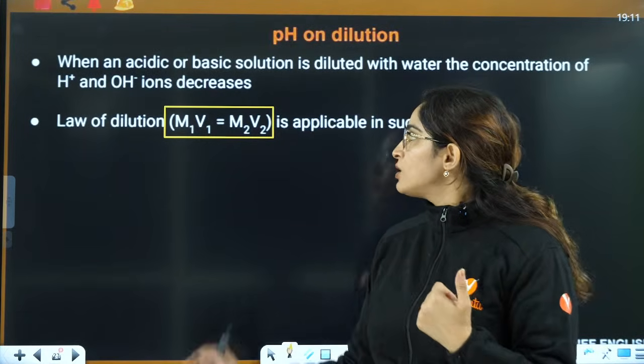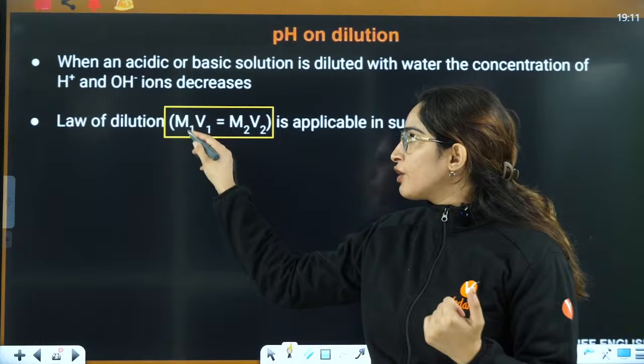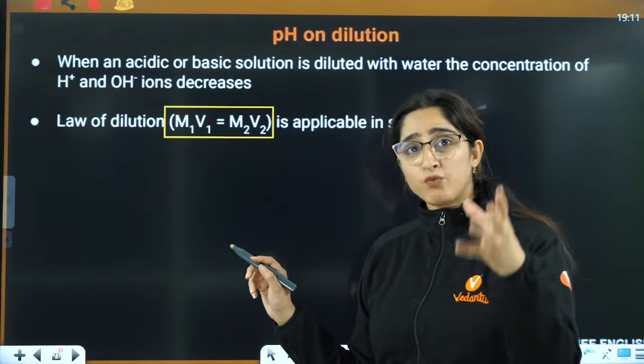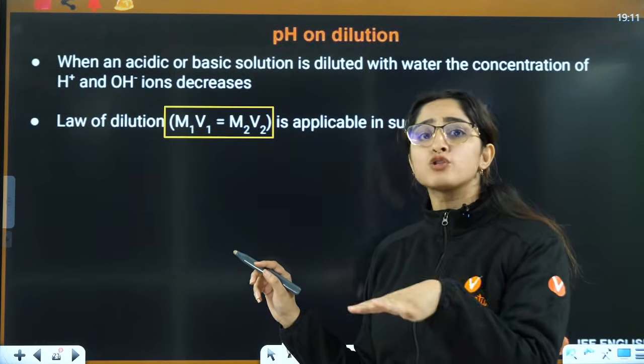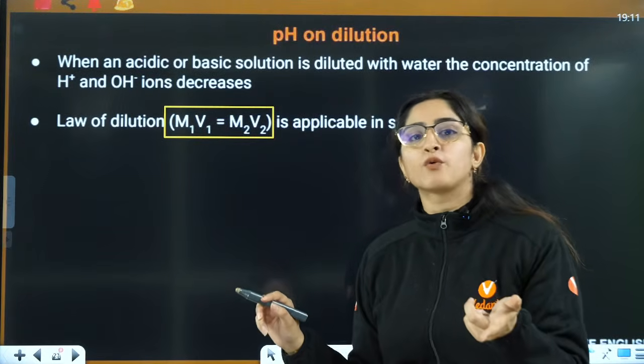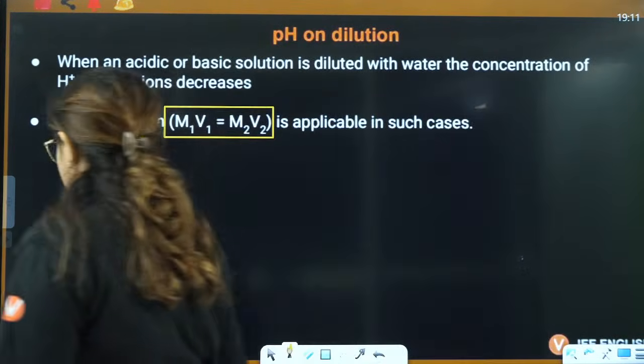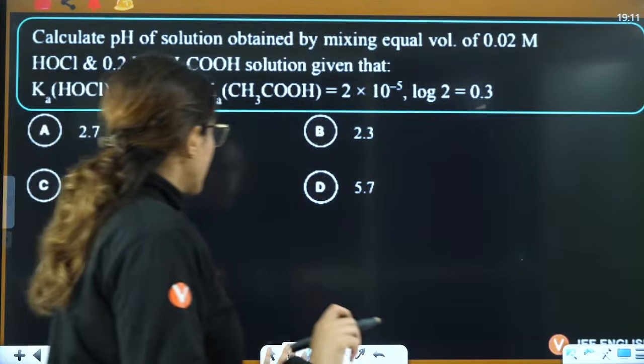The number of moles in the first case is molarity 1 times volume 1. When you add water, volume and molarity both change, but the number of moles remains constant. That's why M1V1 is equal to M2V2.